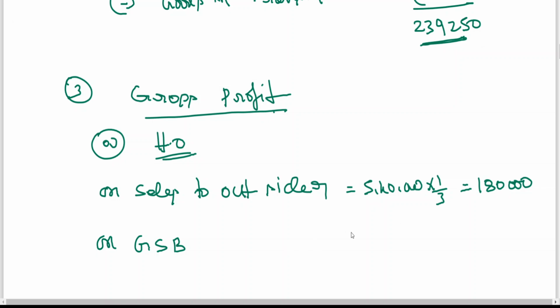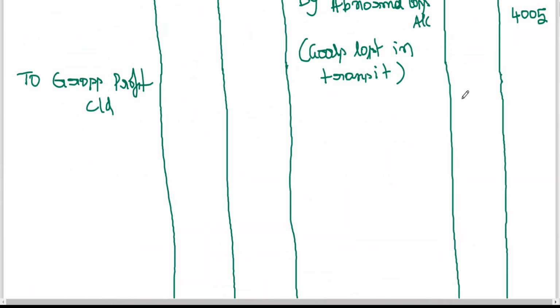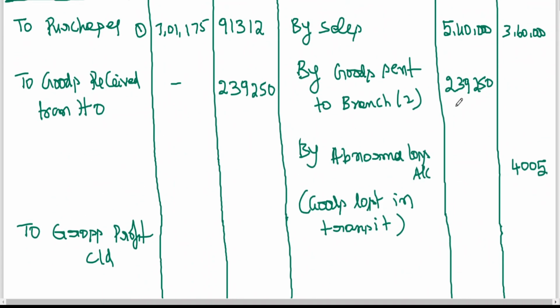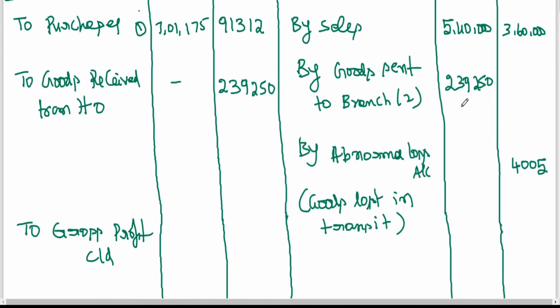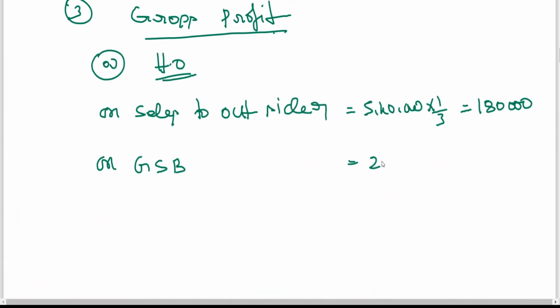Next, on goods sent to branch. What is goods sent to branch? Here I have written 2,39,000, after adjusting transit, 2,39,250. They're sending at 10% profit on CP, but this is IP, invoice price.